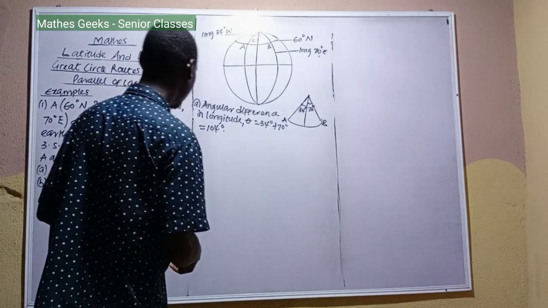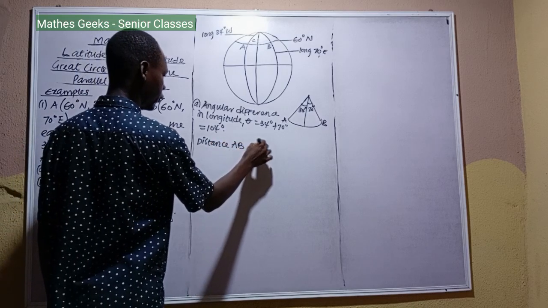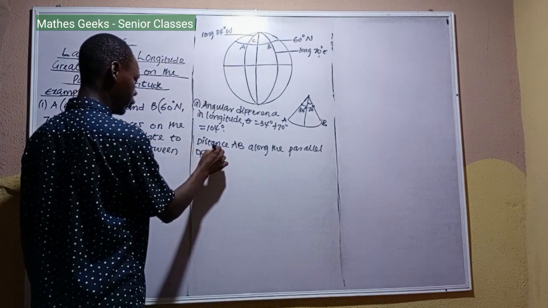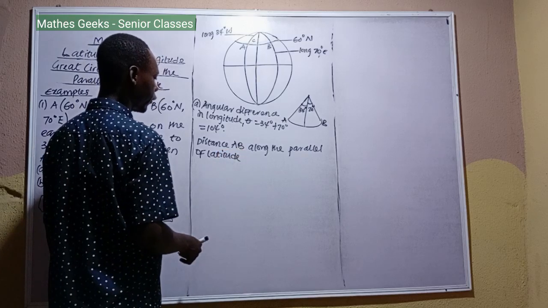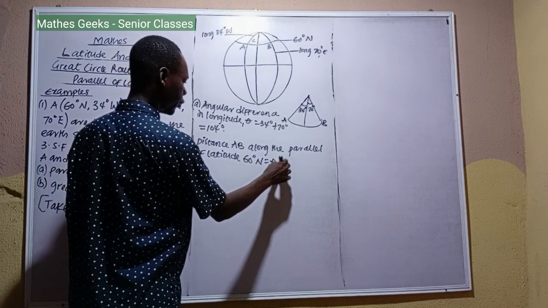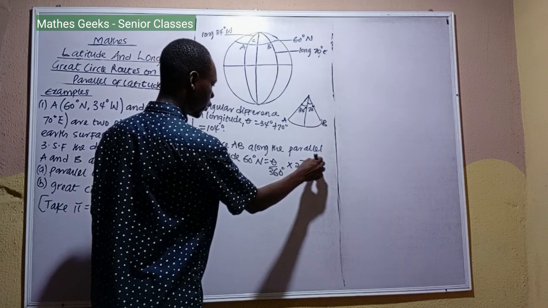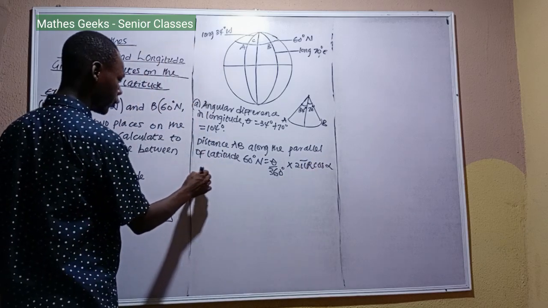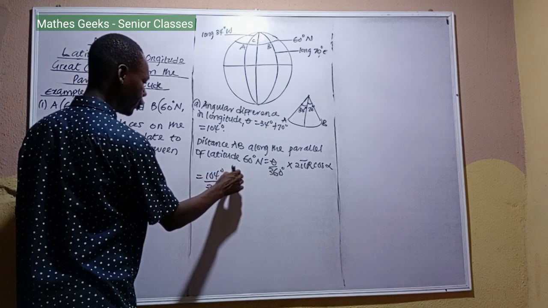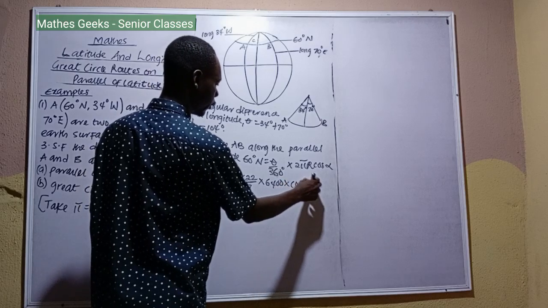The next thing is to get the distance AB along the parallel of latitude 60 degrees north. Distance AB along the parallel of latitude is 104 degrees over 360 degrees times 2 pi R cos alpha. So this is 104 times 2 times 22 over 7 times 6,400 times cos 60 degrees.